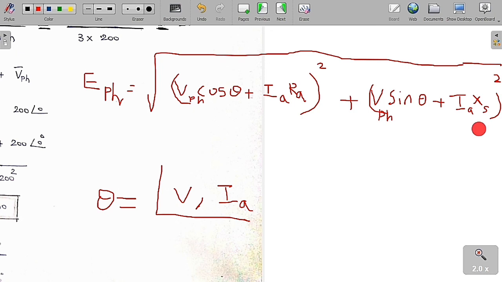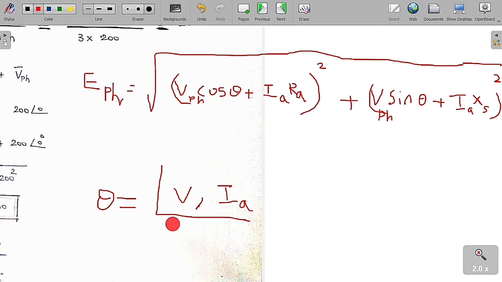IA is the phase current 20, and XS is given as 5. So 5 into 20 is 100, so 100 whole square. The magnitude of V phase is 200, so 200 whole square plus 100 whole square. We get the same thing, which is 100 into root 5. So this is the general formula that you always have to keep in mind here.